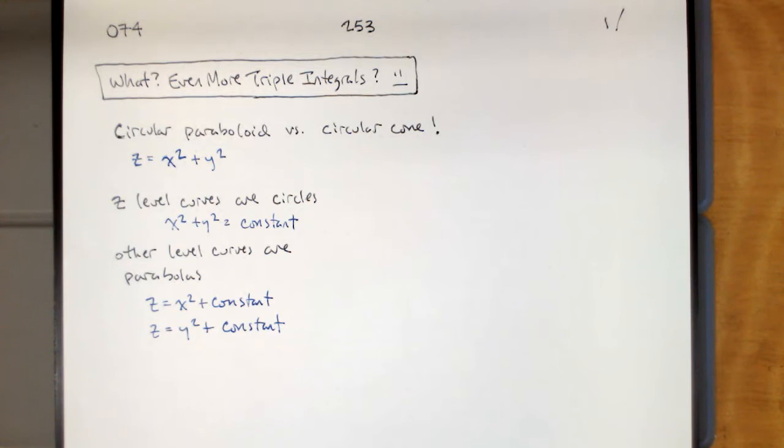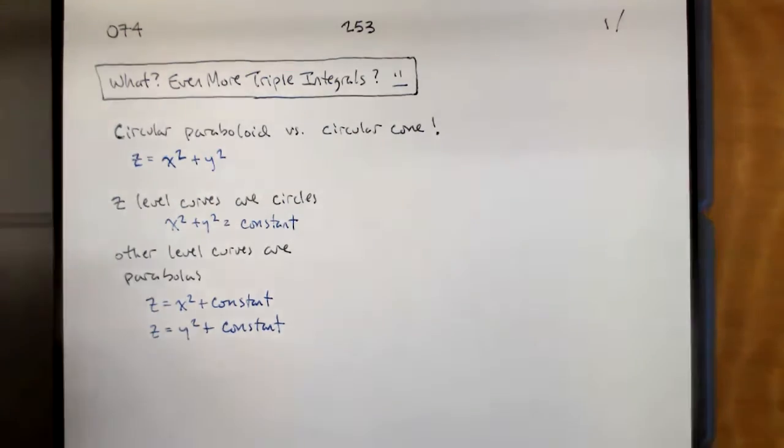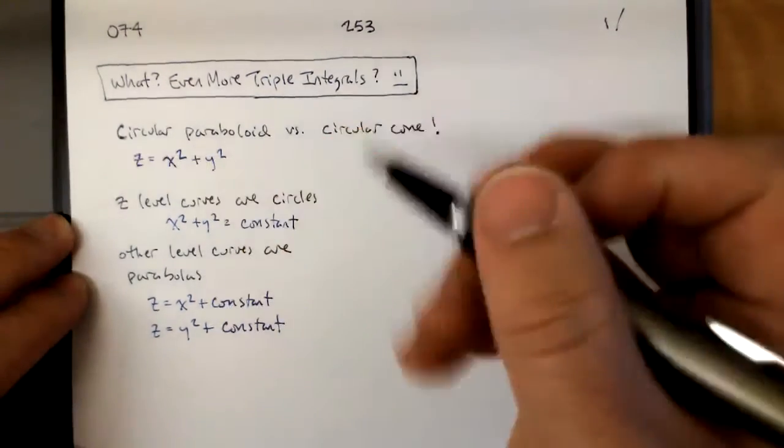If we want to make a circular cone, we need to get rid of that rounded side. We need to get rid of the z equals x squared plus y squared. We need to get rid of those rounded sides. But we still want to have circles for constant values of z. The way to flatten out the sides is just take the square root, or just square the z.